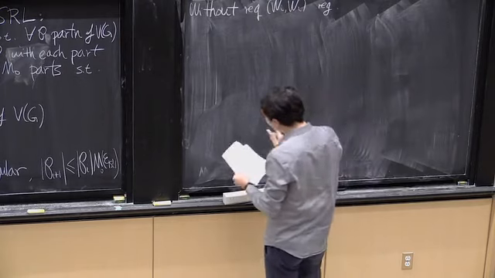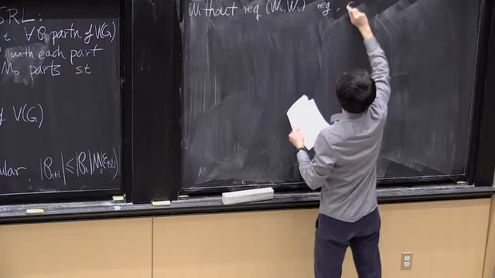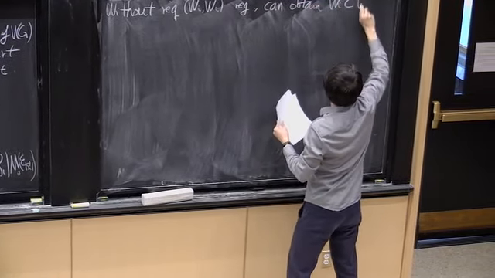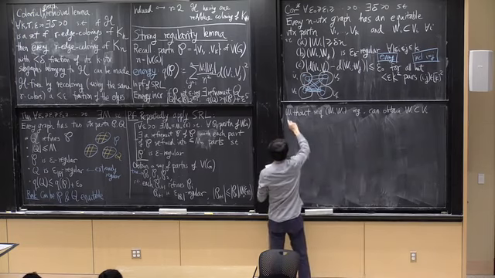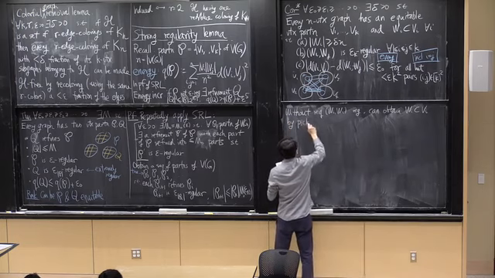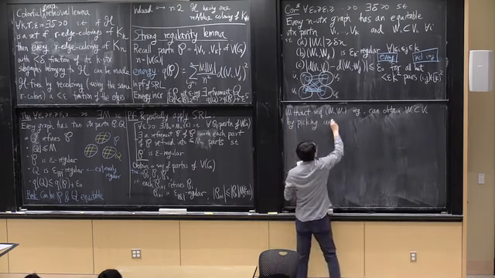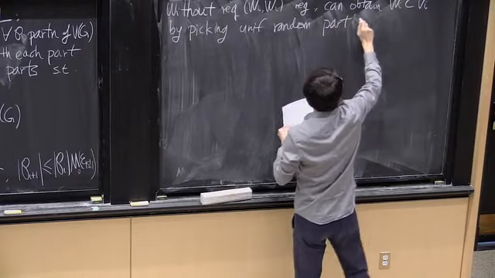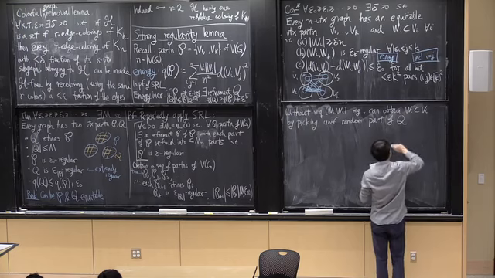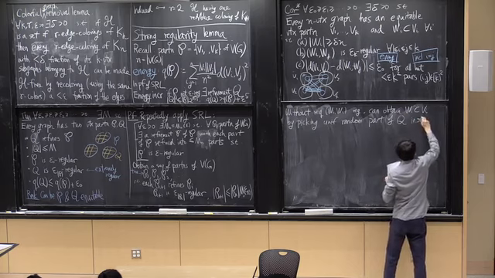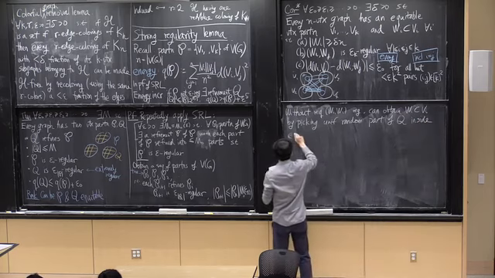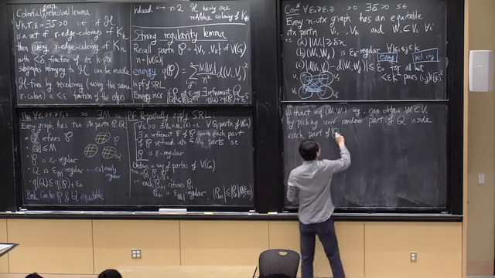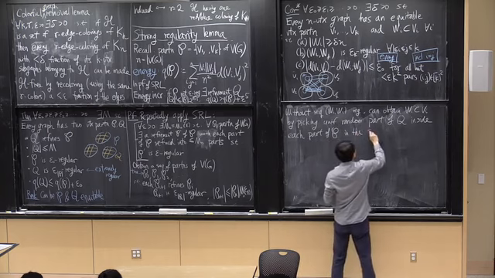So without requiring this, we can obtain the W_i's by picking a uniform random part of the finer partition Q inside each part of P in the strong regularity lemma.